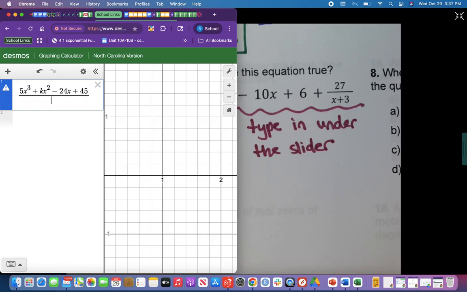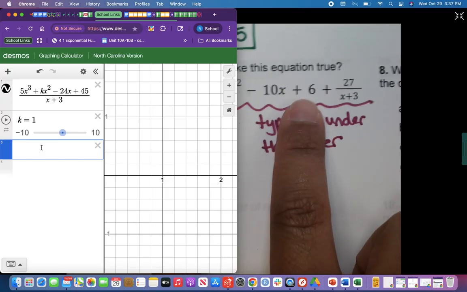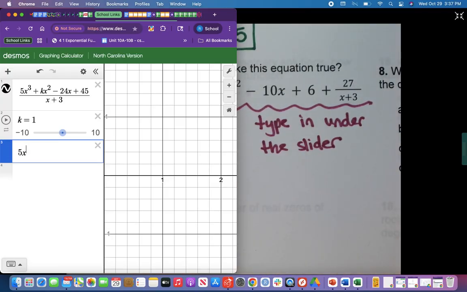And then our divisor is x plus 3. Add my slider. All right, and then underneath that, I'm typing in this. So 5x squared minus 10x plus 6 plus 27 over x plus 3. All right, so let me hit home.